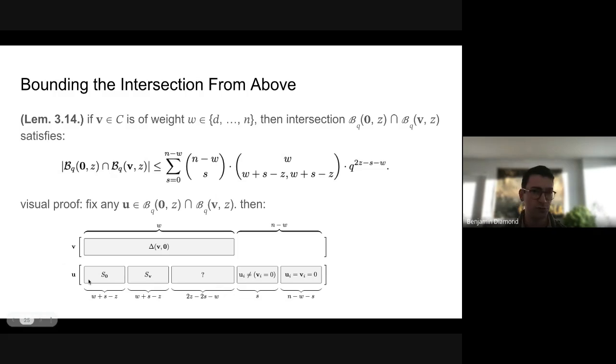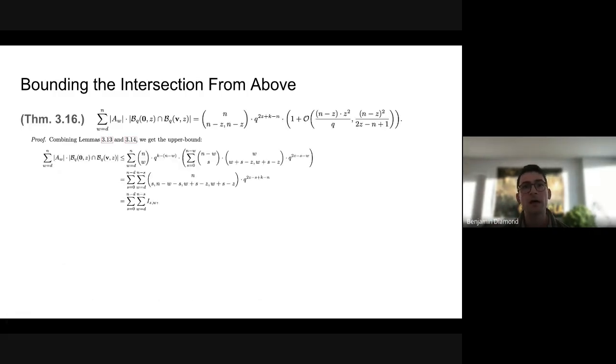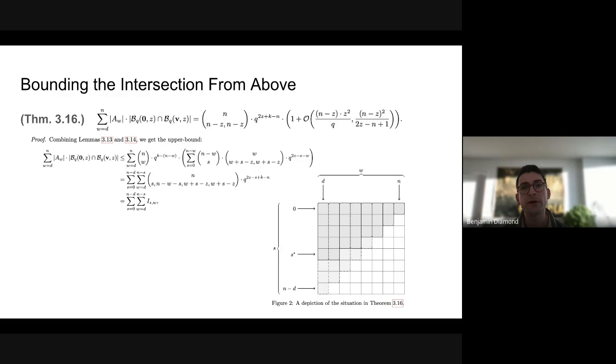Here's a visual proof of this bound. Our main theorem about intersections basically combines those two lemmas and then does a bit more analysis to show that there's a double sum that comes out containing terms with a multinomial coefficient and then something that depends on Q.